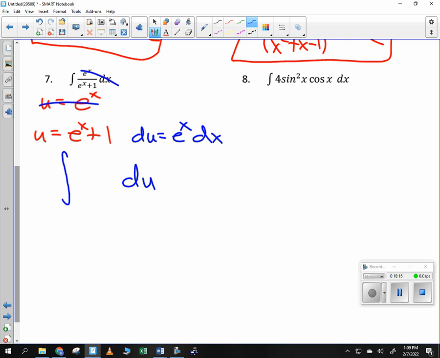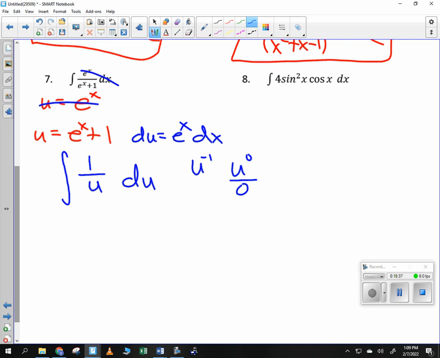U to the negative 1, I'm going to write as 1 over u. Now this is tough, right? Because let's admit what you guys are talking about. You're saying u to the negative 1, so right now you want to add 1, don't you? And you would get u to the 0 divided by 0, but you're like, I can't divide by 0.